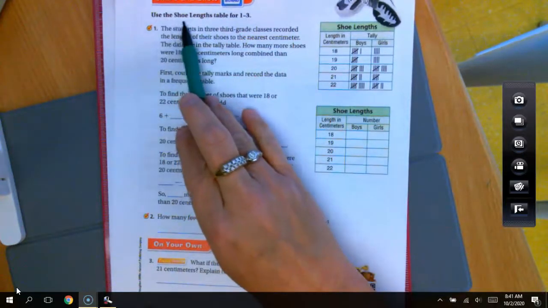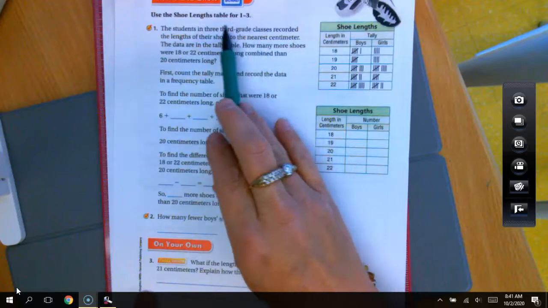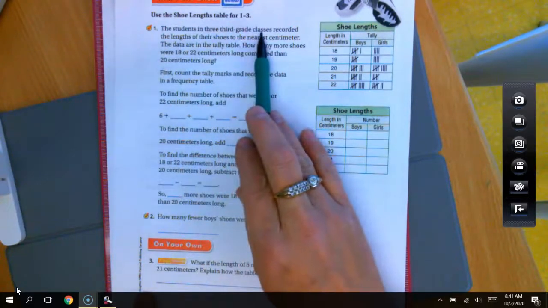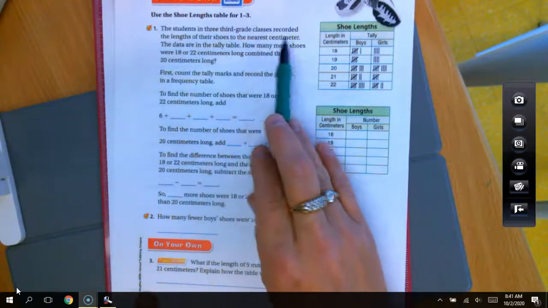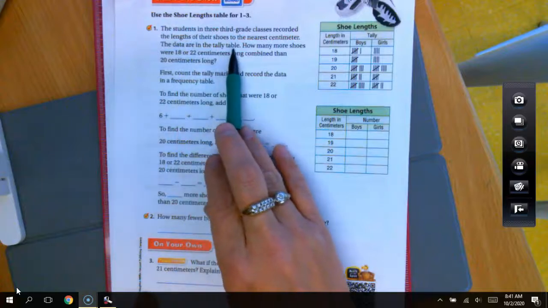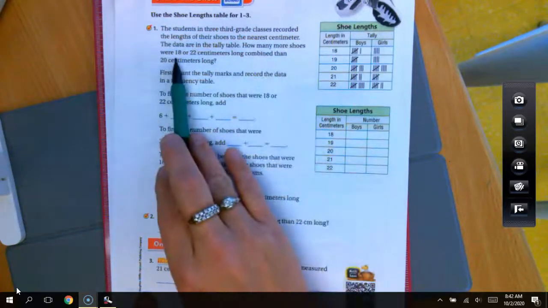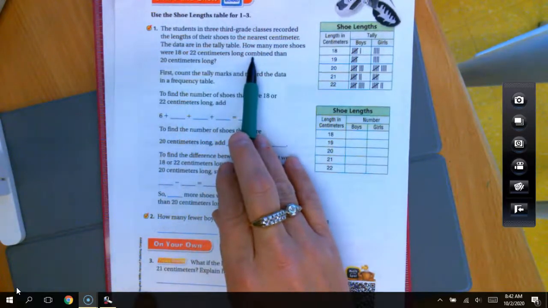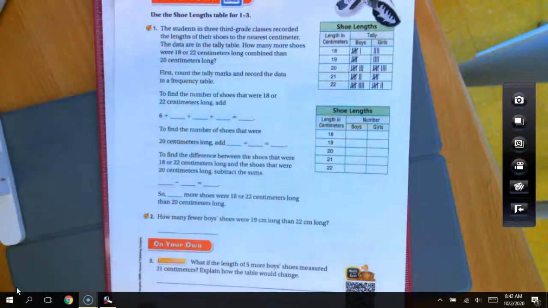So it says use the shoe lengths table for 1 through 3. The students in 3 third-grade classes recorded the lengths of their shoes to the nearest centimeter. The data are in the tally table. How many more shoes were 18 or 22 centimeters long combined than 20 centimeters long?